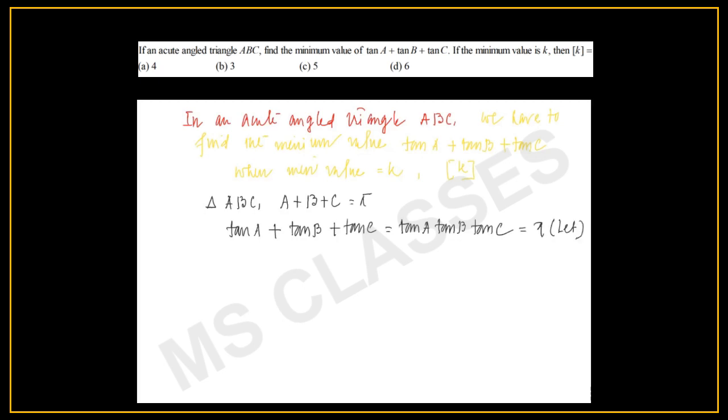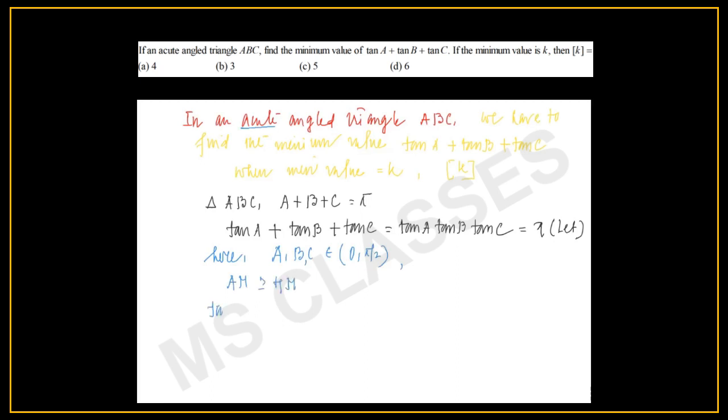After that we can apply AM and GM. Why? Acute angle triangle, that means angles are acute. That is, here we can see that A, B, C belong to (0, pi/2), and therefore we apply here AM greater than or equal to GM.